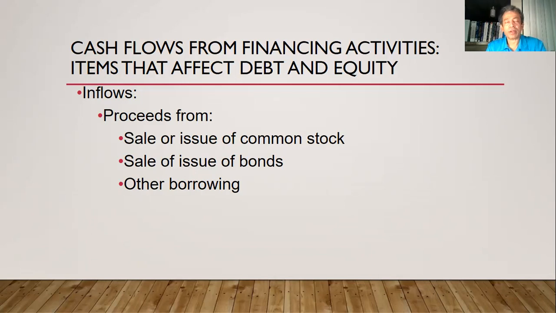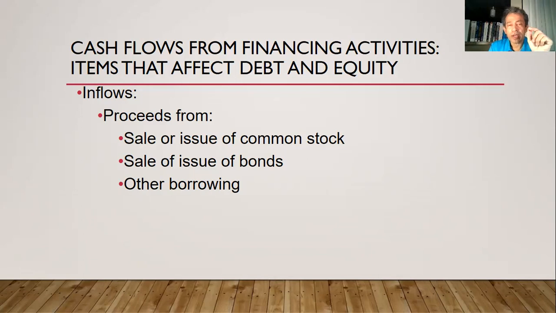Then they're going to tell you what actually happened, and they'll say, well, last year we issued 20,000 common stock for $15 each, or 10,000 preferred stock for $80 each. So they're going to tell you what they have done. But if they do not, then use the comparative balance sheet.